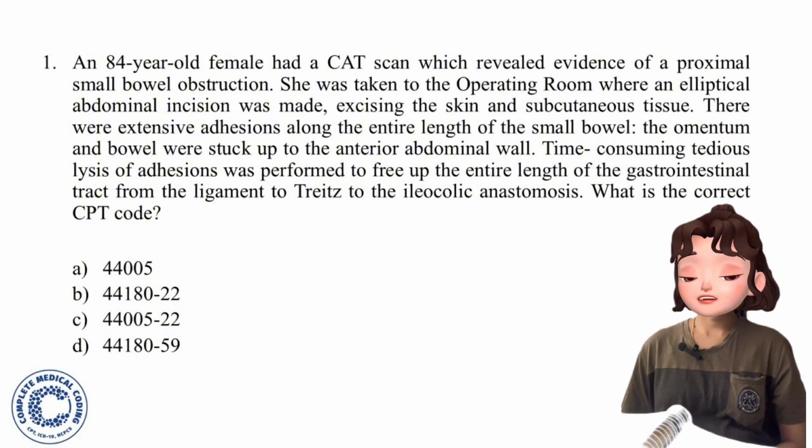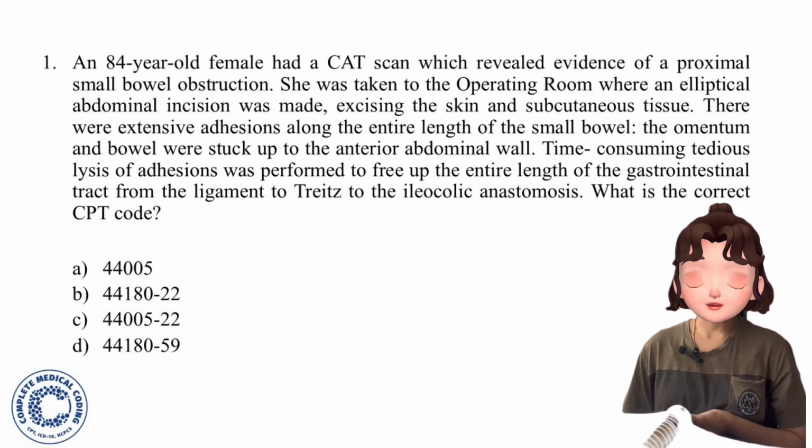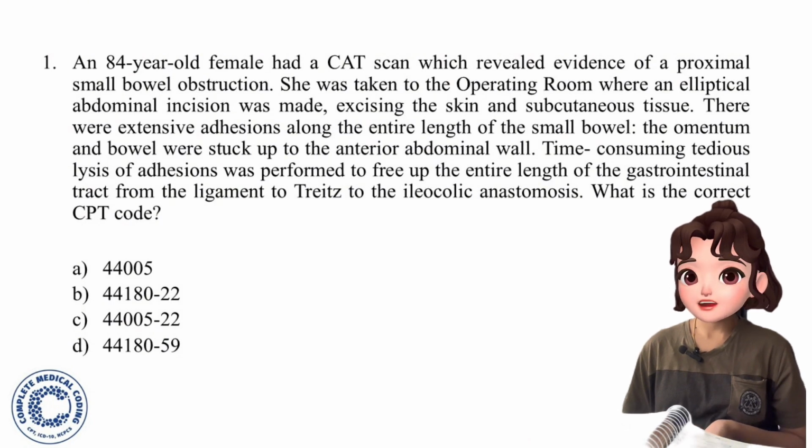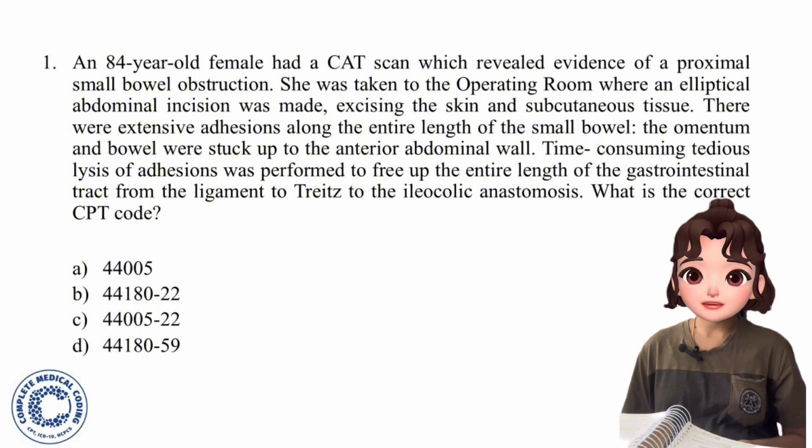Then they saw extensive adhesions along the entire length of the small bowel. The omentum and bowel were stuck up to the anterior abdominal wall. Time-consuming tedious lysis of adhesions was performed. Here, tedious lysis of adhesions means freeing of the intestinal adhesions was performed, which is a separate procedure.